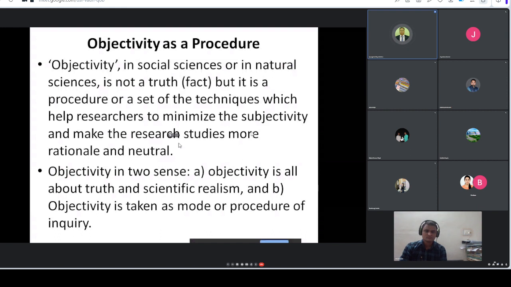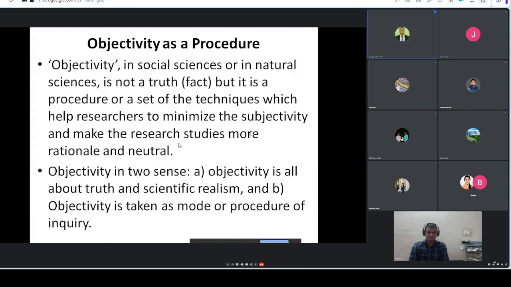So why do we need objectivity? Remember, objectivity is a procedure. As I said in the beginning, it is a more systematic state. So objectivity in social science or in natural science is not a truth, but it is a procedure, a set of techniques which help researchers to minimize subjectivity and make the research study more rational and neutral. This is what we all have to remember: when we talk about objectivity, it is a procedure, a set of techniques.